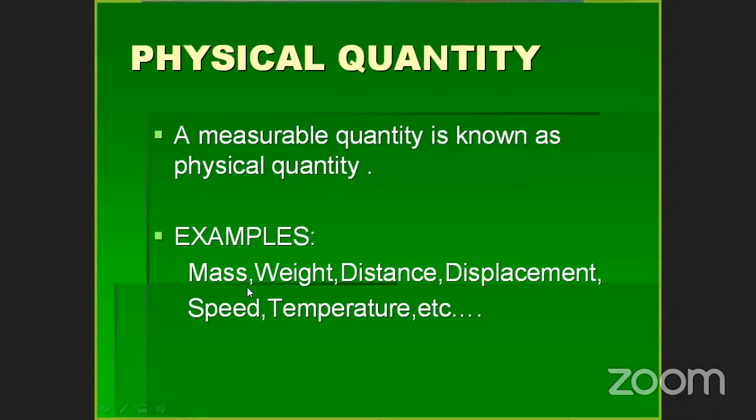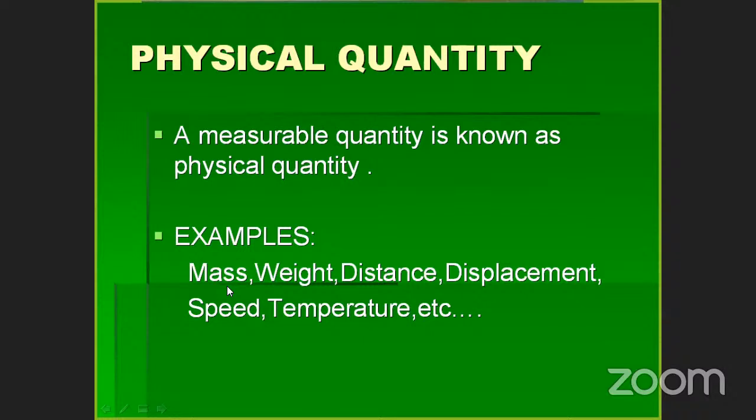For example, mass, weight, distance, displacement, speed, temperature, etc. are called physical quantities. The physical quantities means measurable quantity.